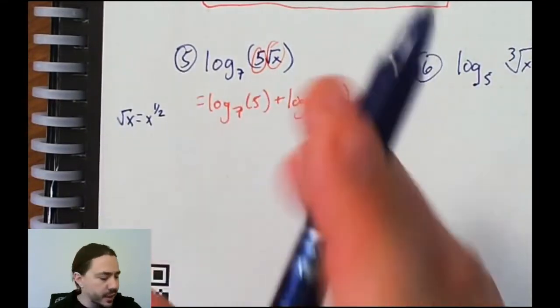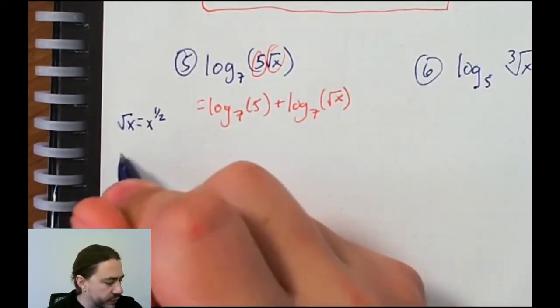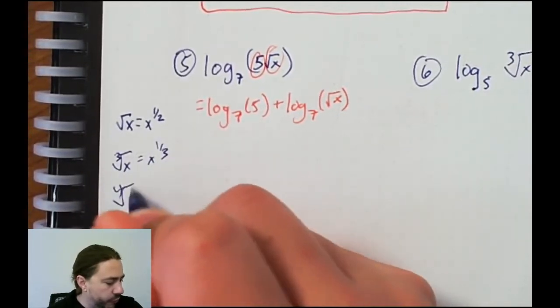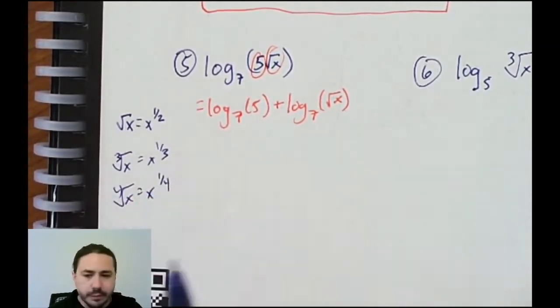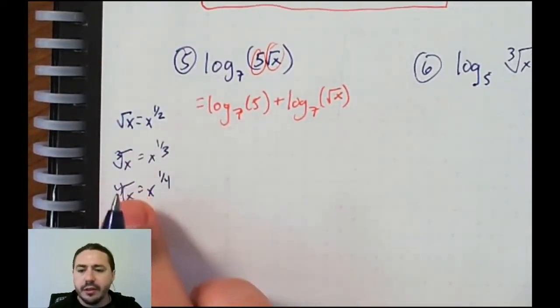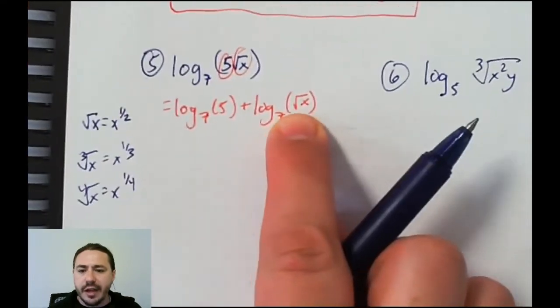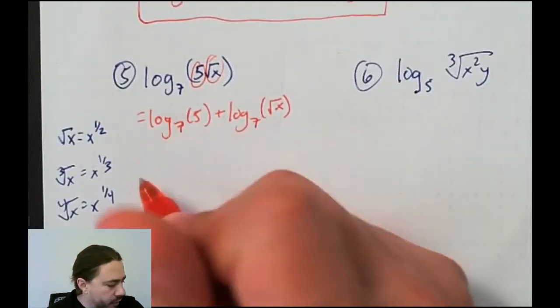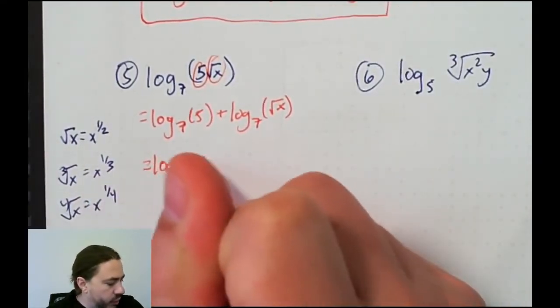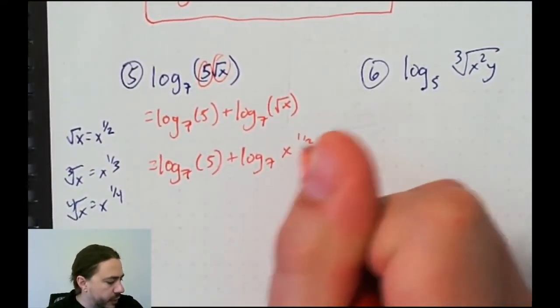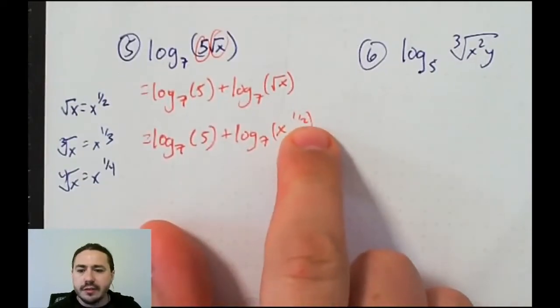These are equivalent. Similarly, and we'll see this in number 6, the cube root of x is equal to x to the 1/3. The fourth root of x is equal to x to the 1/4, and so on. So that'll come into play here on a couple of these. So if this is actually x to the 1/2, then we can use that power property to take this one step further and move this out over here.